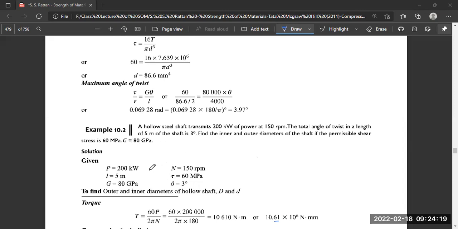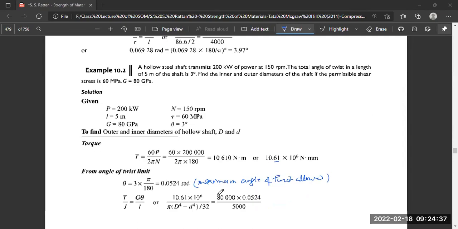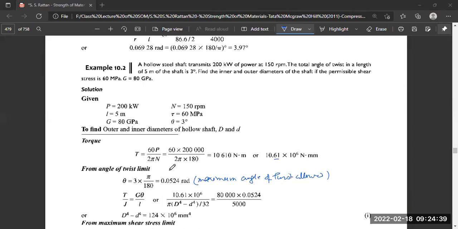So what is given, written down here one by one: power is given as 200 kilowatt, rotation is given as 150 RPM, length is given as 5 meter, allowable shear stress is 60 MPa and G is 80 GPa. So theta allowable is 3 degree.